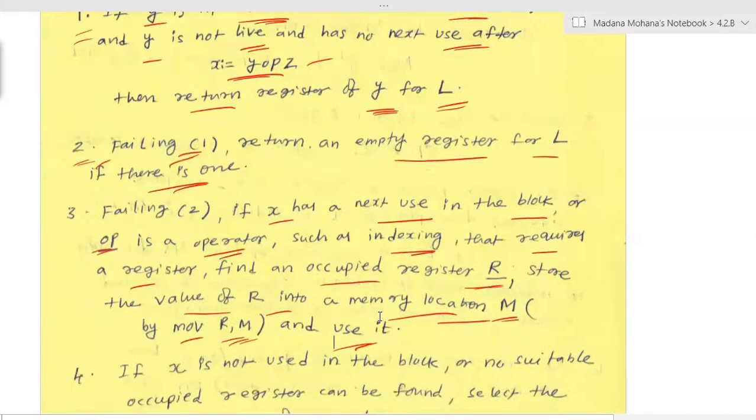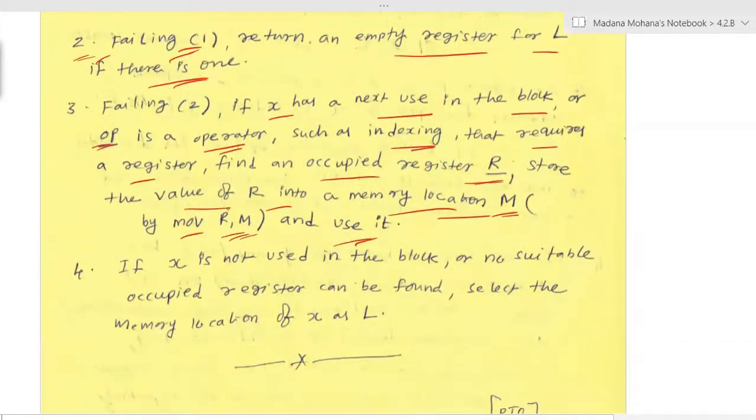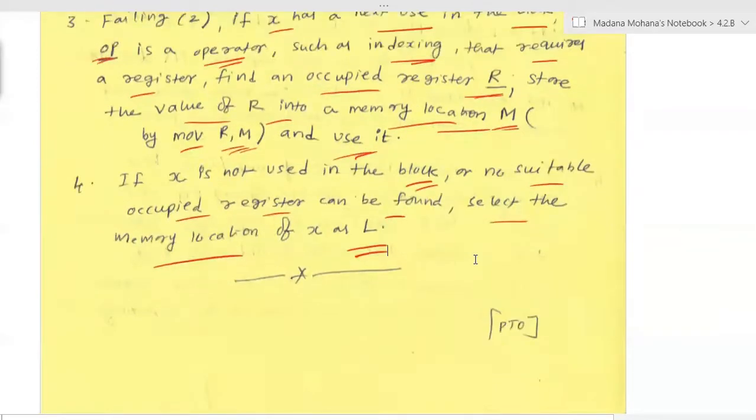If even the second case fails, or X is not used in the block or no suitable occupied register can be found, then select the memory location of X as L, whatever the location we use.